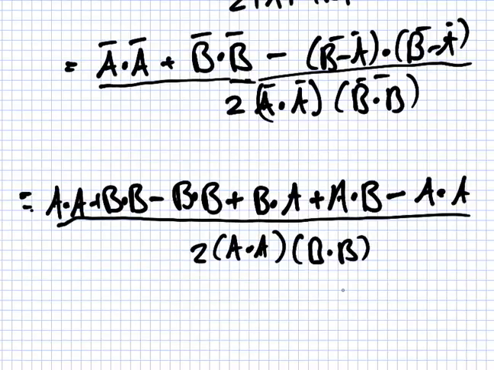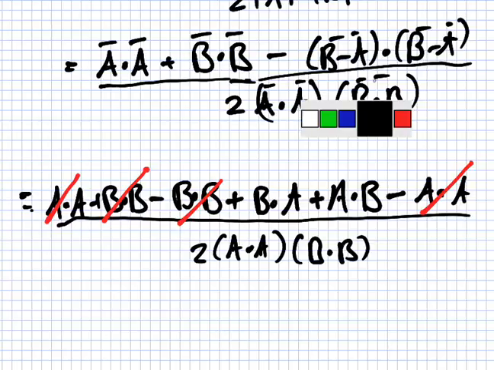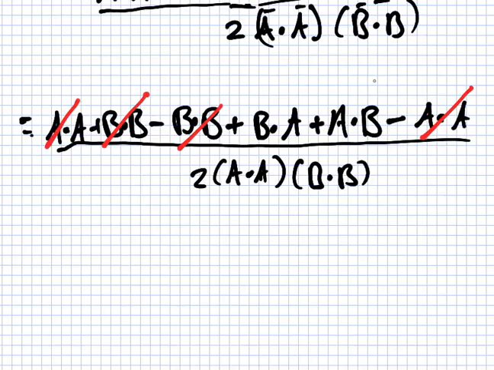Now if you look at the top, we have things that cancel. The A dot A minus the A dot A goes. The B dot B minus B dot B goes. And here you have B dot A plus A dot B. But we also learned earlier today that B dot A is the same as what?